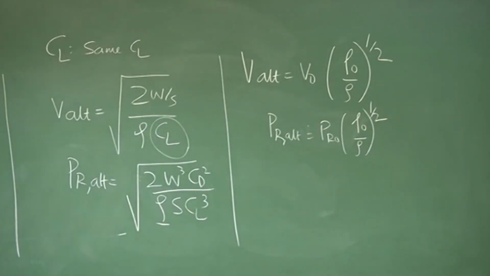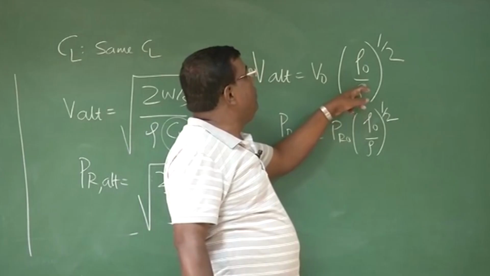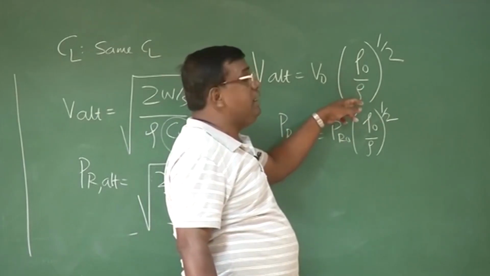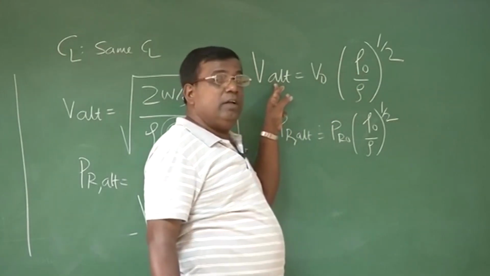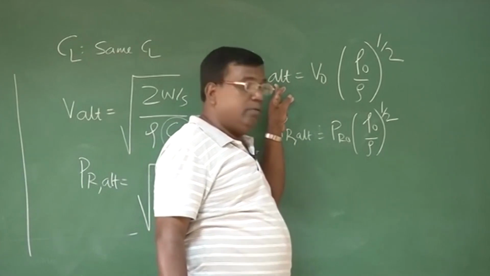So what is the meaning of that? It's very clear. As I am going higher and higher, the rho value is going to become lesser and lesser, so this ratio will go on increasing. I need higher velocity to fly at the same CL to maintain lift equal to weight.